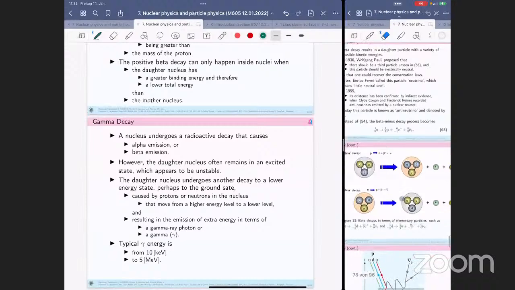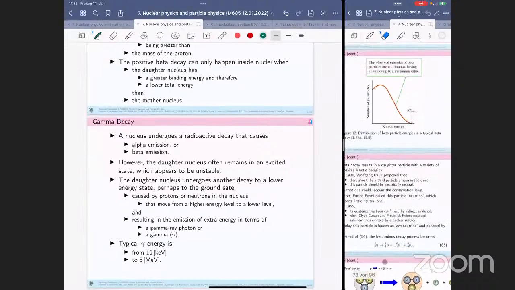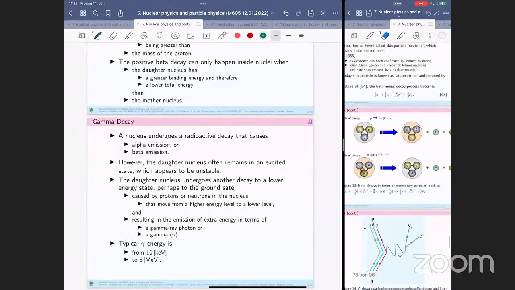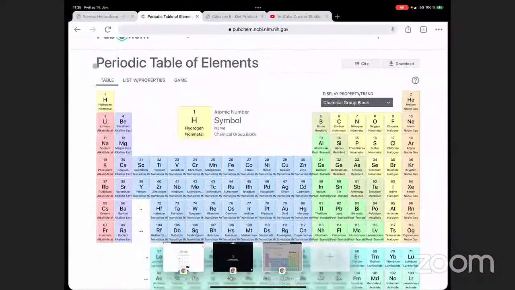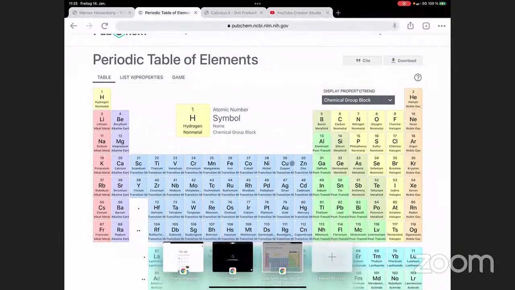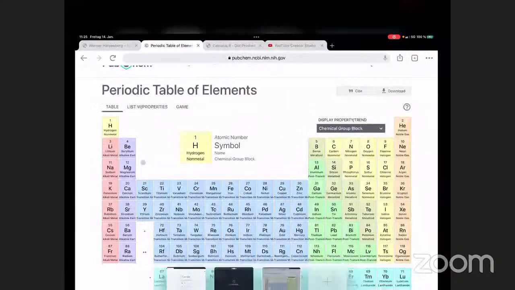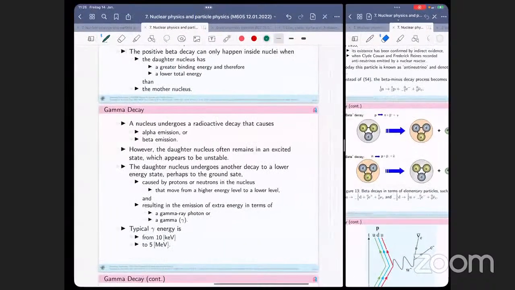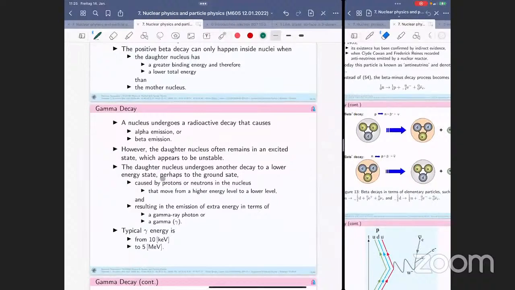It also holds true in beta decay. Like in the potassium scenario, K is potassium, sorry. The nucleus of the potassium may not be in the ground state immediately.